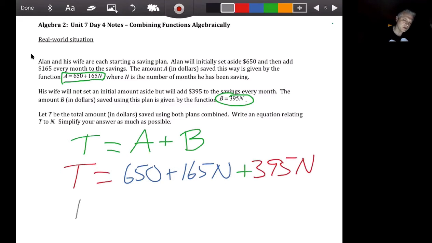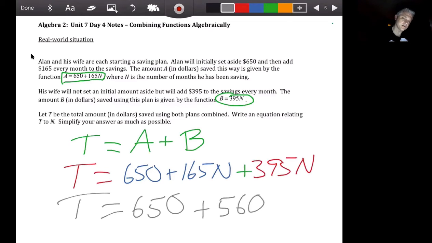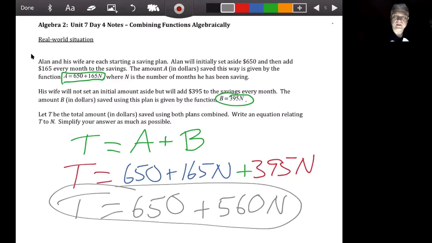The 650 stays 650 because we didn't combine it with anything. 165 plus 395 gives you 560n. That's your answer. That's your first topic. Don't make it any more difficult than it really is.